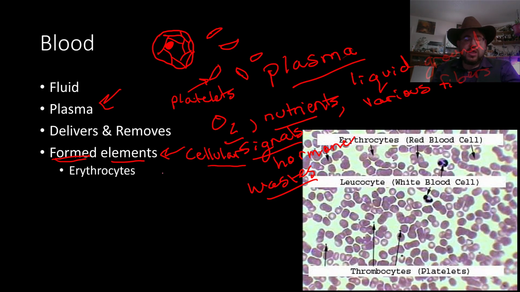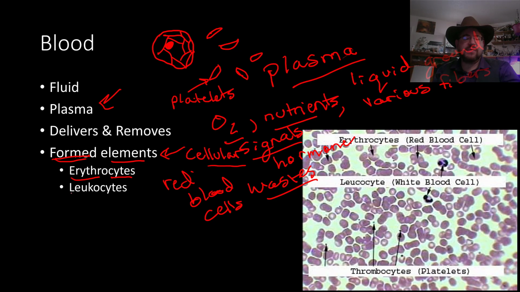So, the most numerous formed element are the erythrocytes, erythro referring to the color red. Those are the red blood cells. Then we have leukocytes, which are the white blood cells. And then thrombocytes.